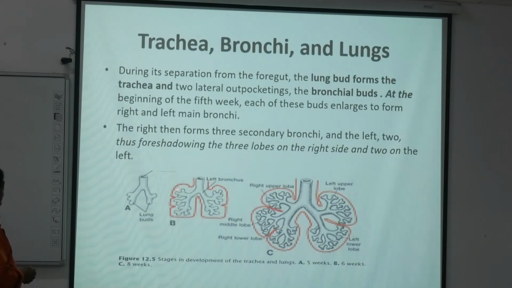See, in the development of the lung, the right has 3 lobes and the left has 2. This is by 6 weeks and 8 weeks.